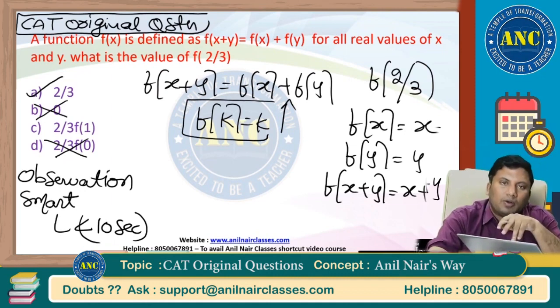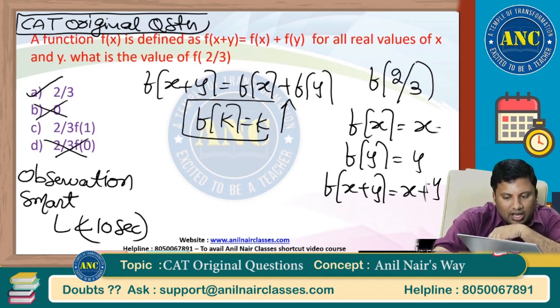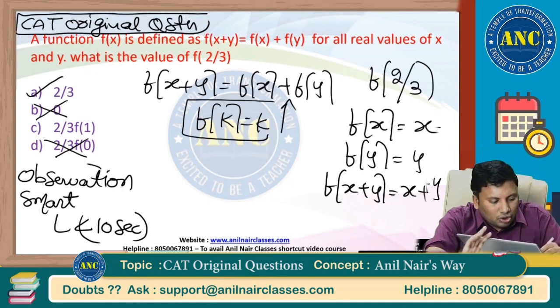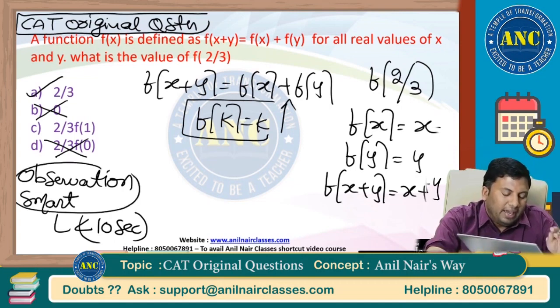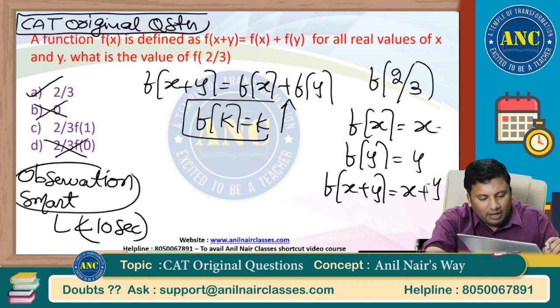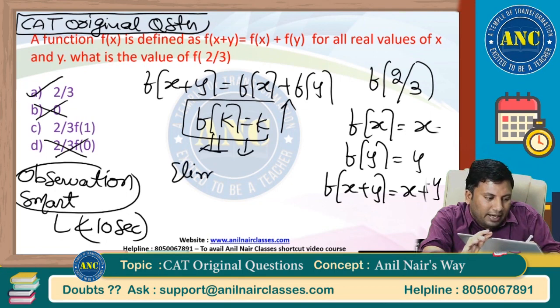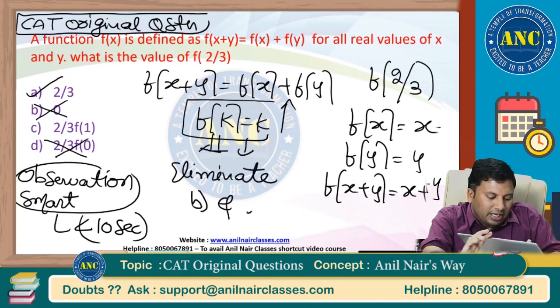F of k equivalent to k will satisfy the question. F of 2 by 3 will satisfy. F of 1 is 1. First option and third option. Just through smart observation, B and D are out. Then what I will do is, can I also say that f of k equivalent to k has helped me eliminate option B and option D.